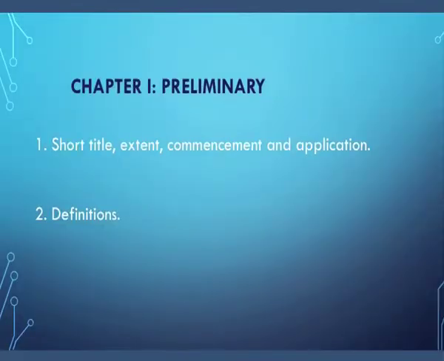Dear students, I will brief you on the chapters. Chapter 1, Preliminary. As usual, this chapter indicates the extent, that is the whole of India, date of commencement and application of the Act. Section 2 of the Act provides definitions of the specific terms used in the Act.